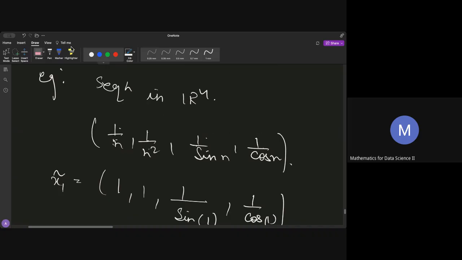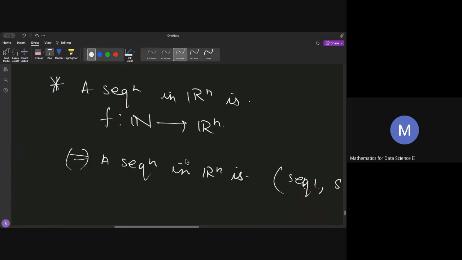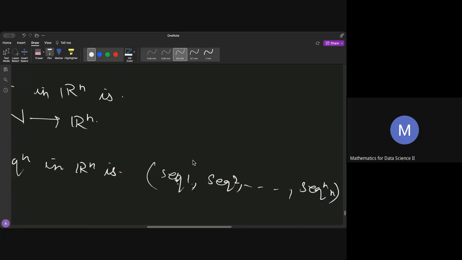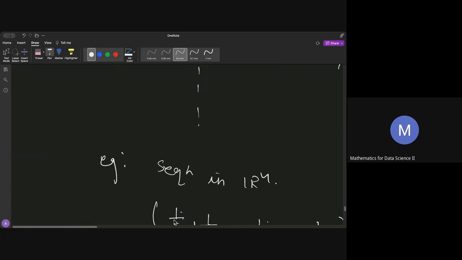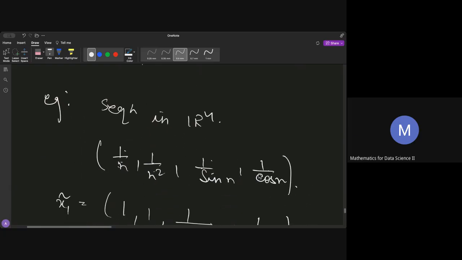Whenever you have a sequence in Rn, it's a collection of sequences in R only. So if I have to find the limit of a sequence in R4, I need to find the limit of the individual sequences involved, right?